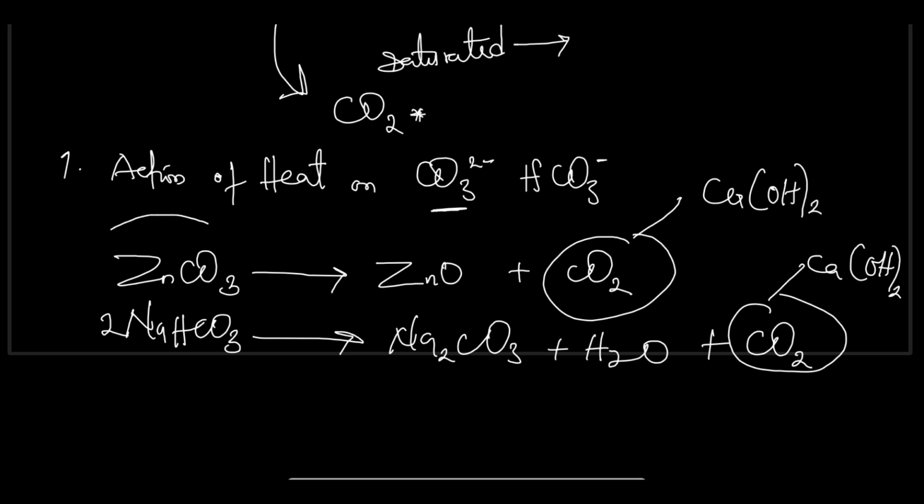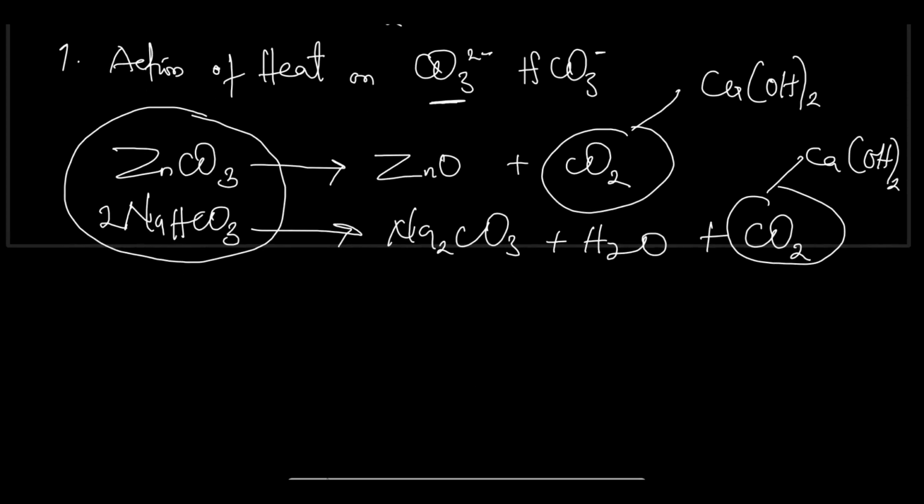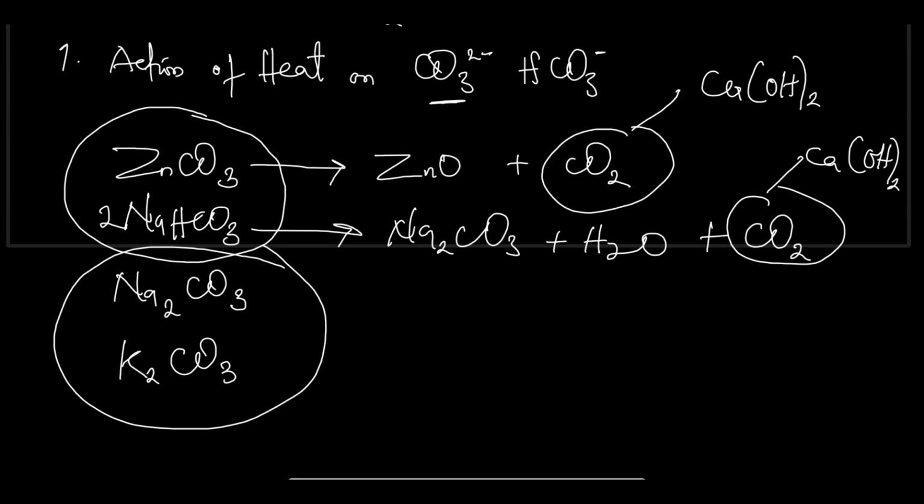And take note of this: not all carbonate salts can be decomposed. The carbonate salts of sodium, which is sodium carbonate, and potassium carbonate are stable to heat. So these two salts cannot be decomposed by heat. But aside from these two salts, any other carbonate salt can be decomposed by heat. Alright, so this is one way we can get carbon dioxide gas.